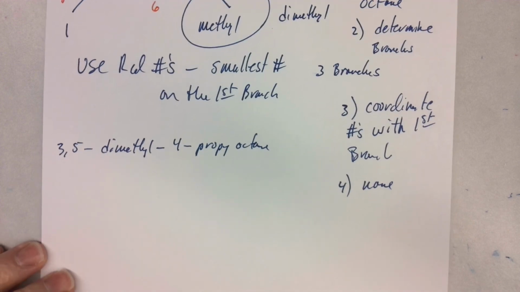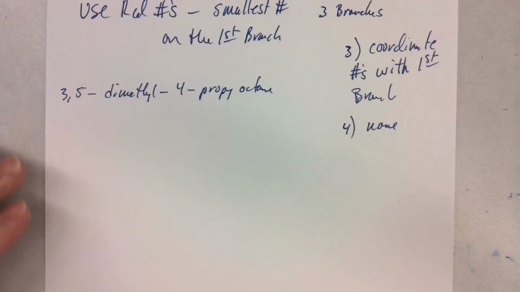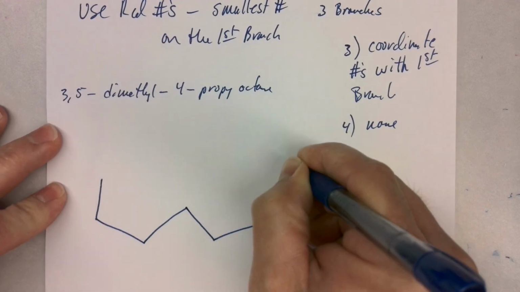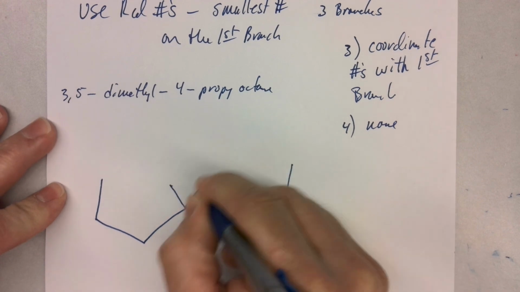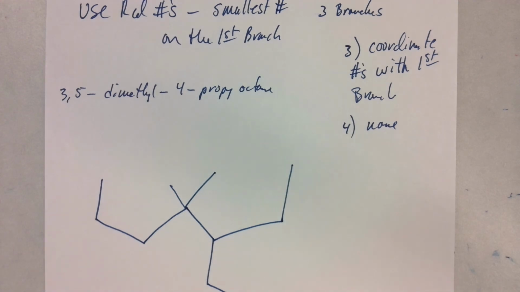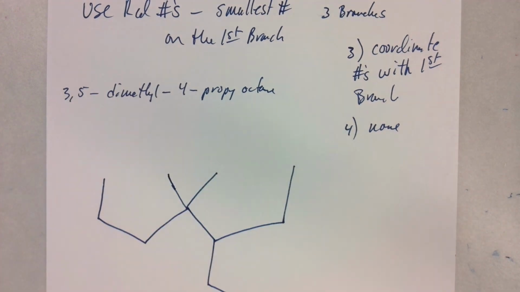Now, what if I did, let's say I did this, okay? Let's say I did that, okay? I've got that now. Now, what I would do is start numbering this in the correct order so I didn't have to worry about 2 sets of numbers here.